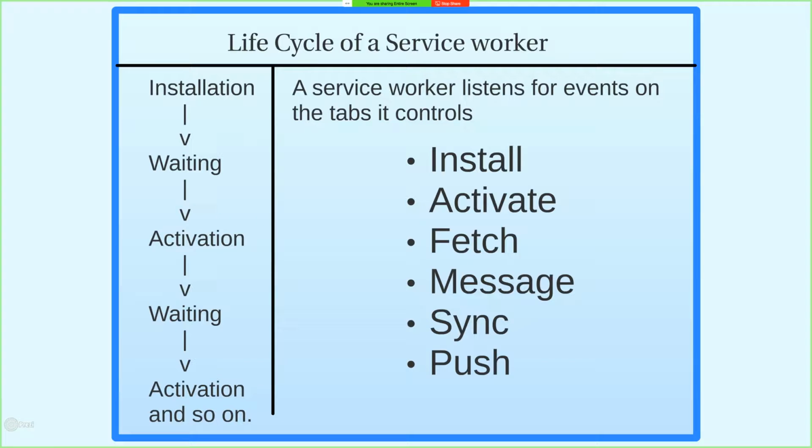And push requests, where if you register your service worker, you can take a push request as if it was a mobile app. Today we're going to focus on fetch requests because service workers are somewhat complicated and fetch requests are the easiest thing to show their benefit for.